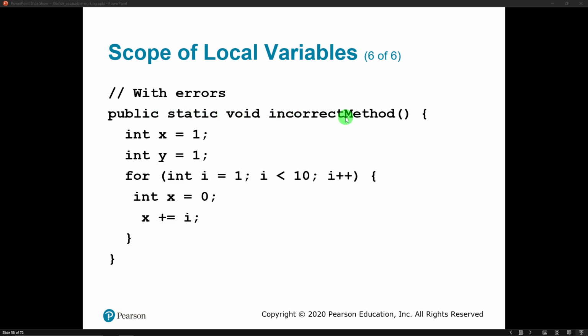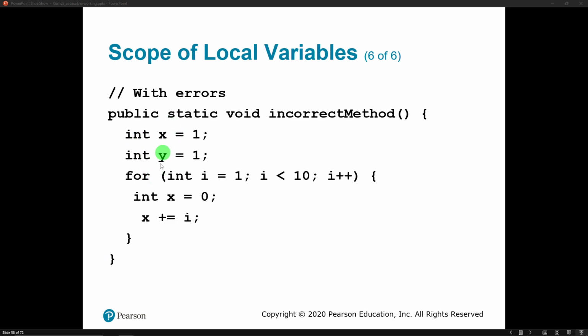Let's look at this one. Public static void incorrect method. So we have an integer x set to 1, an integer y set to 1. We declared I here that's going to exist inside this for loop from here to here. And then, oh, look what's happening. We declared integer x inside this for loop. But remember, this x that we declared up here exists all the way to the end of the matching curly brace down here.